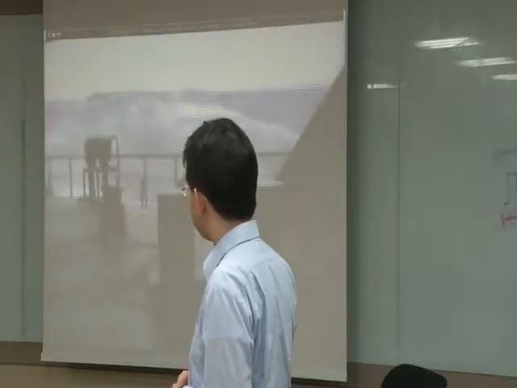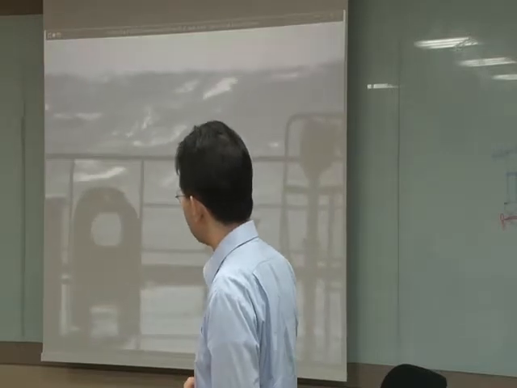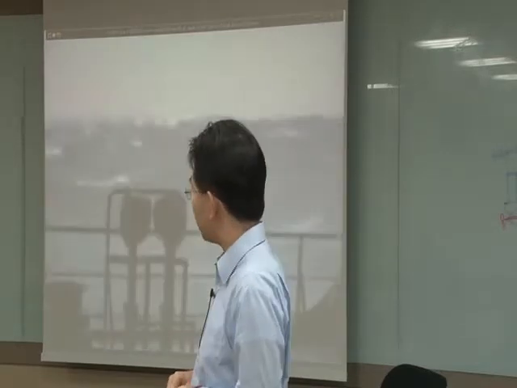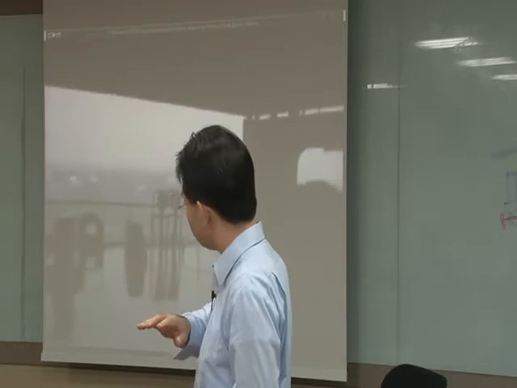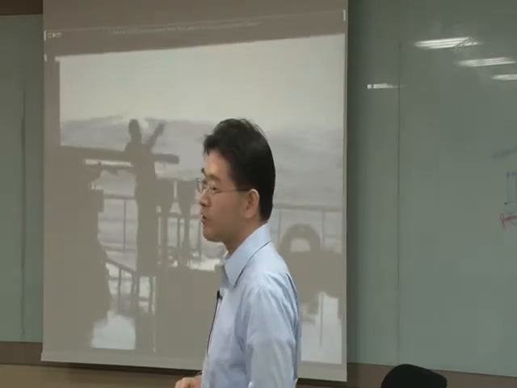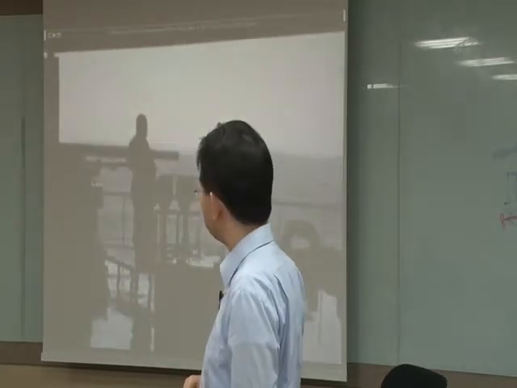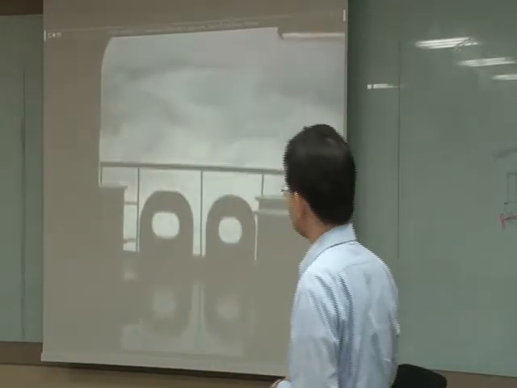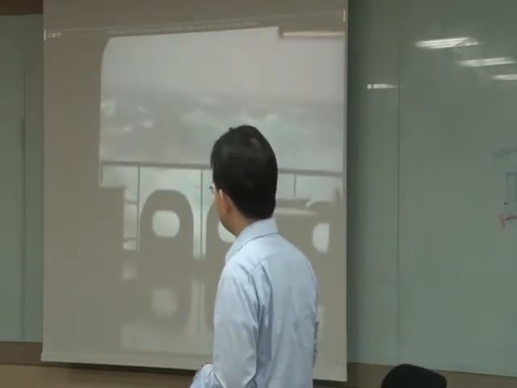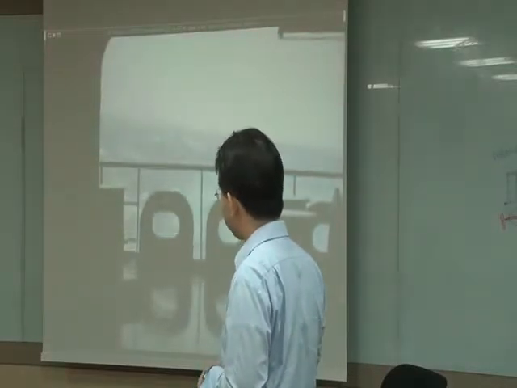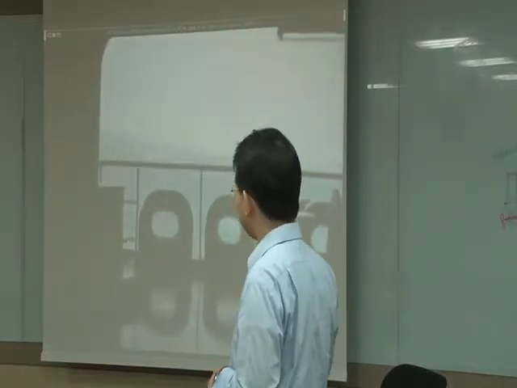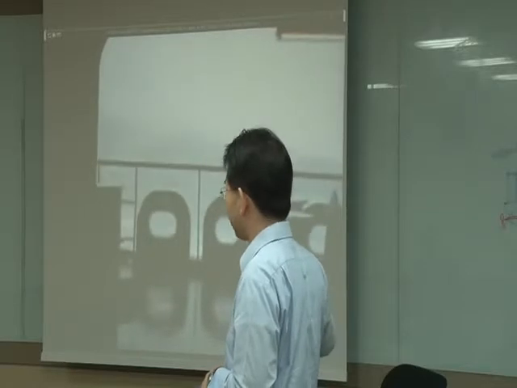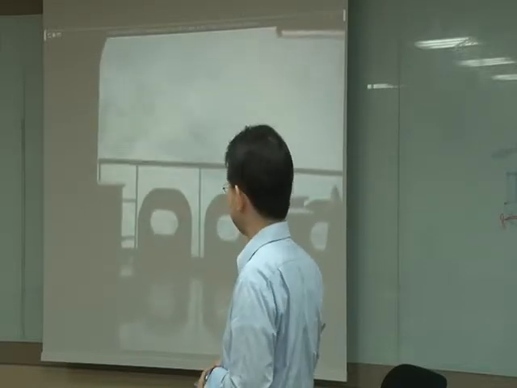The course of the vessel is on the eastbound route from Asia to the United States, so it is the North Pacific Sea. Usually it is not so rough, but this is not a rare case.